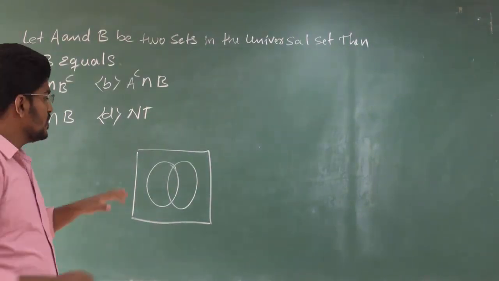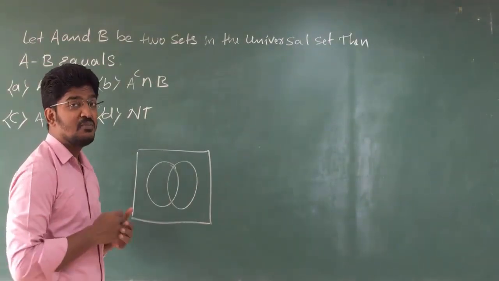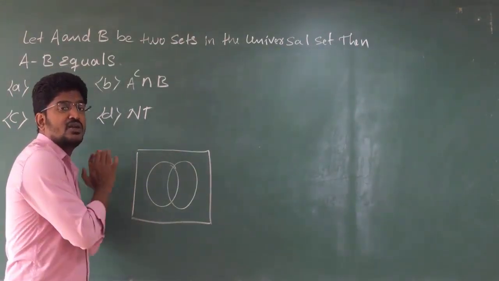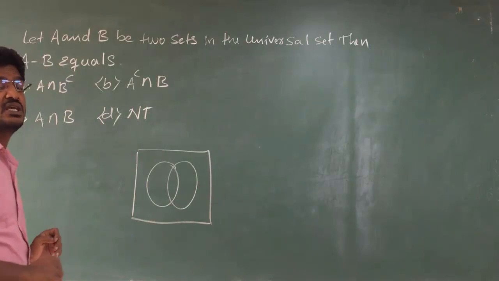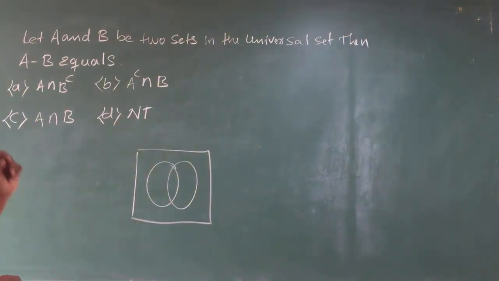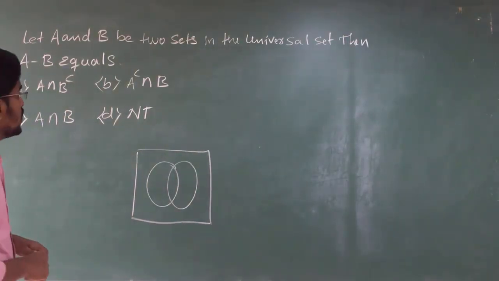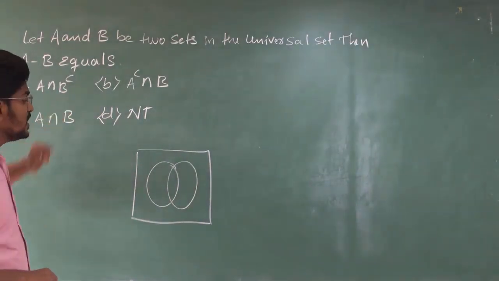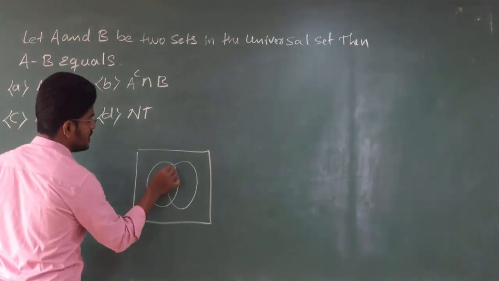As you all know, if this is the universal set, A minus B means elements in A but not in B. No problem. So, first one, what else? A intersection B complement. What is the meaning of A intersection B complement?